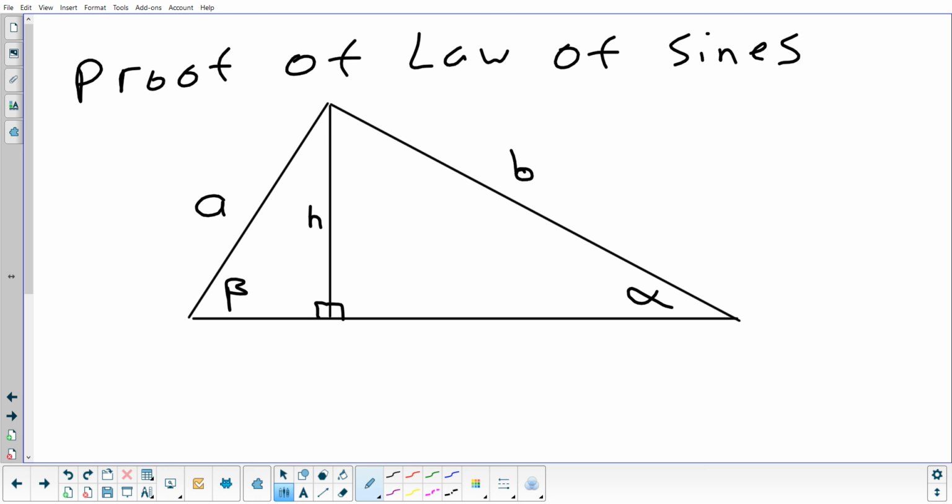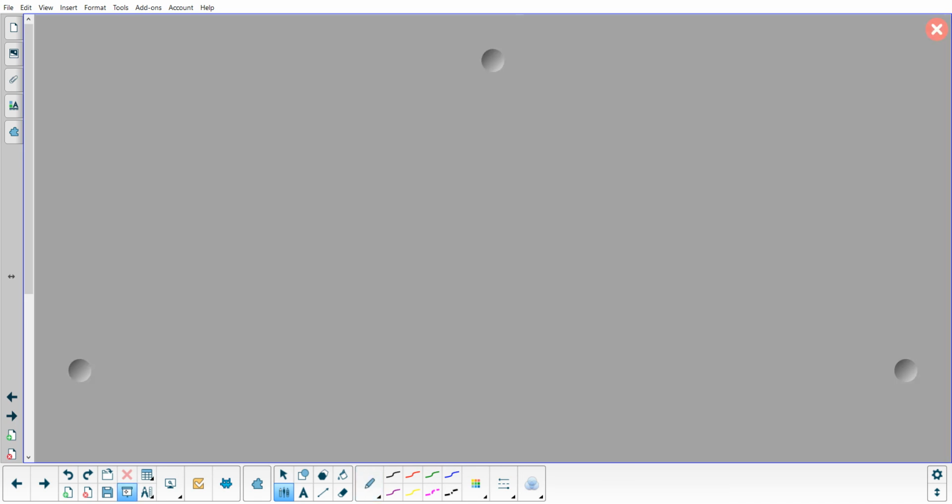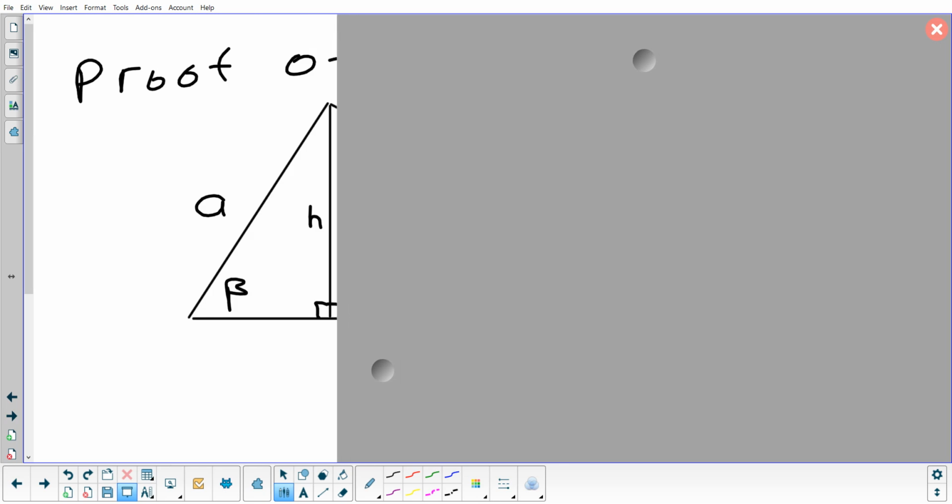And what I want to do now, I want to focus on each one of these triangles separately, the left one and the right one. So I'm going to block the right one. I'm not going to look at that one right now. And I just want to look at the left one. Okay, what I want to do in that left triangle is come up with a formula for H using the other two things.